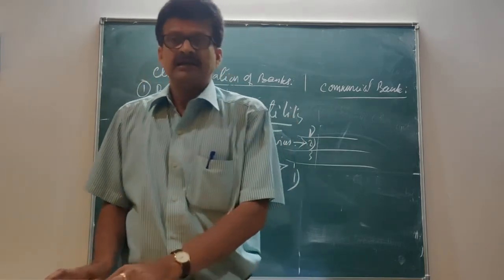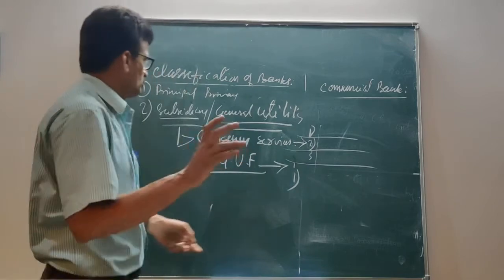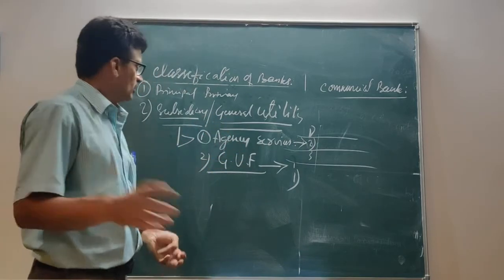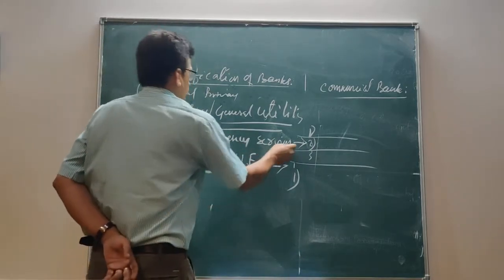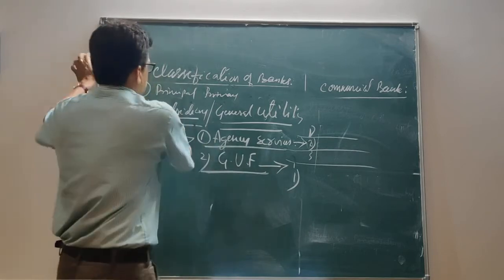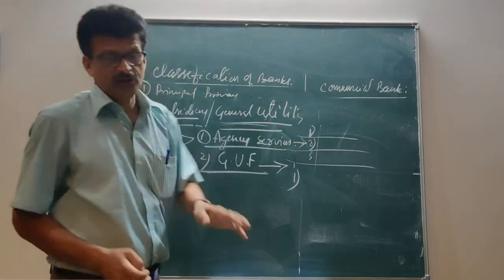And as I said, the next topic that I am going to, so you got to know what is the general utility, what is the agency. These are all subsidiary or general utility functions.